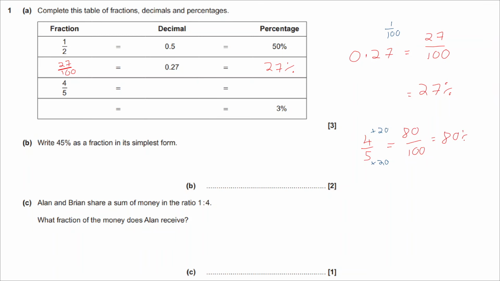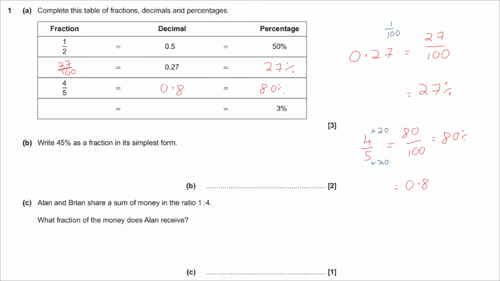Okay, so 4/5 as a percentage is 80%. And also, 80 out of 100, 80 divided by 100 is also equal to 0.8. You can use a calculator here. If you just type in 80 divided by 100, you would get 0.8. So that is your answer for this one. Good.